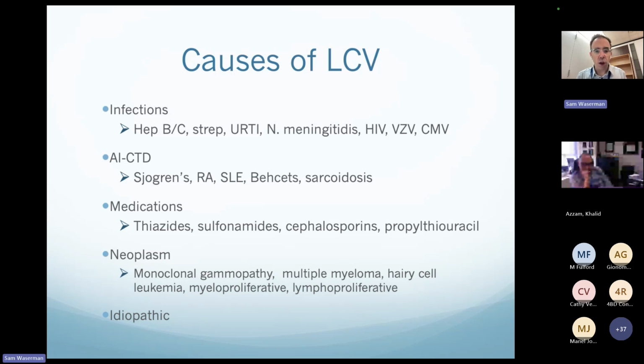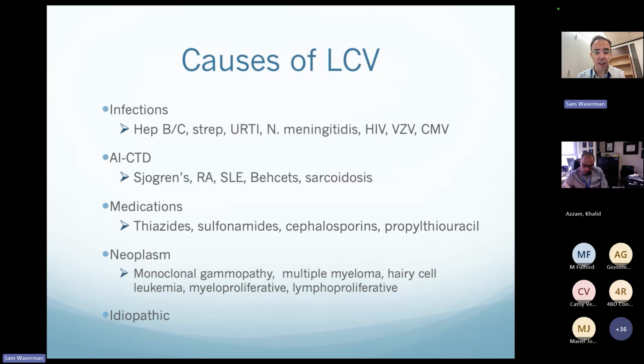So these are all of the causes of a leukocytoclastic vasculitis. Hepatitis B and C, strep, URTIs, Neisseria, and you see the other autoimmune connective tissue disease, medications, neoplasm, idiopathic. Now, medications, just with the timeline and also being a classic culprit, we thought it was Keflex, or IV Ancef, but really all of them are possible.